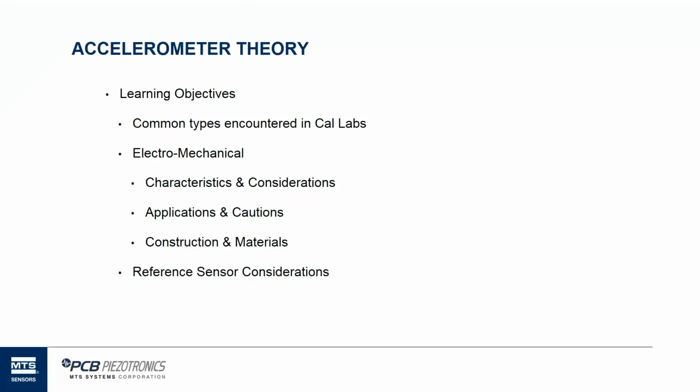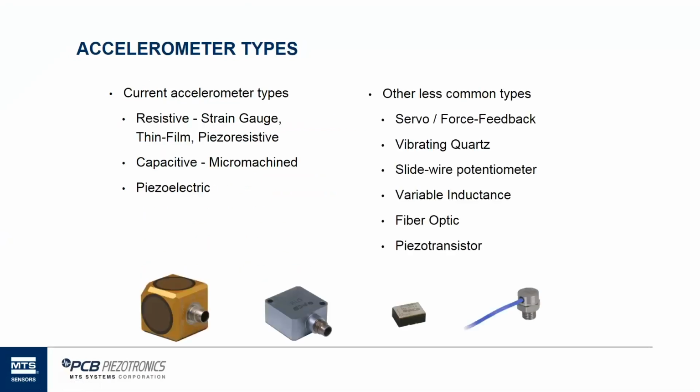So, accelerometer types. The most common ones we see today are on the left. On the right-hand side is a list of accelerometers that are not very common. They're more inherited from our legacy over the 50 years we've been in accelerometer design.